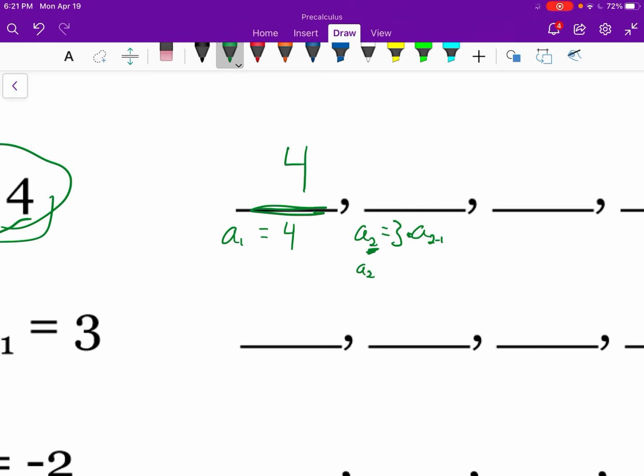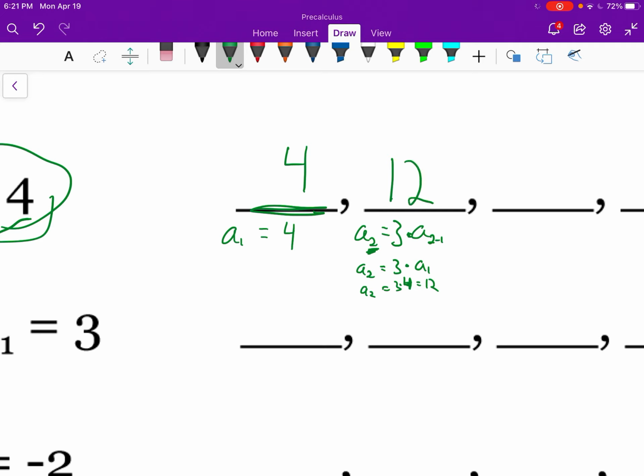So our second term is 3 times the first term. And what's the first term? First term was 4. So 3 times 4 is 12. So we have 12 here.